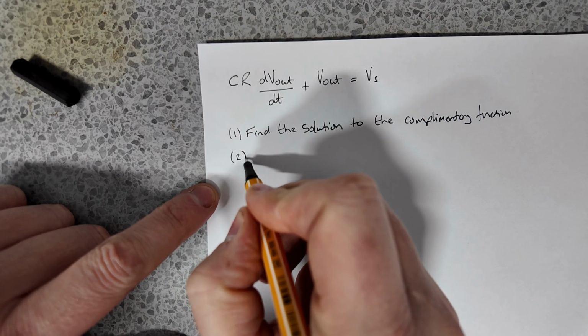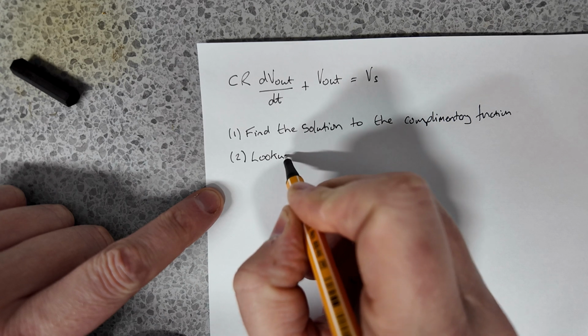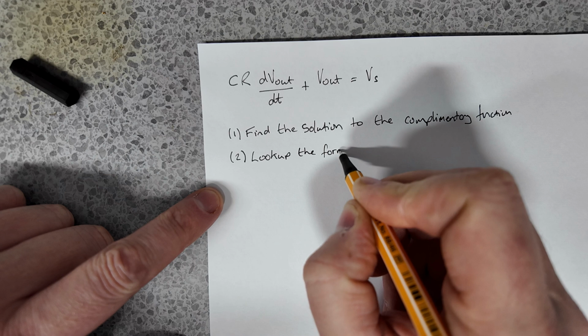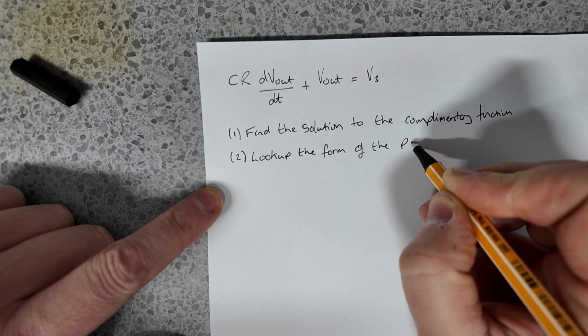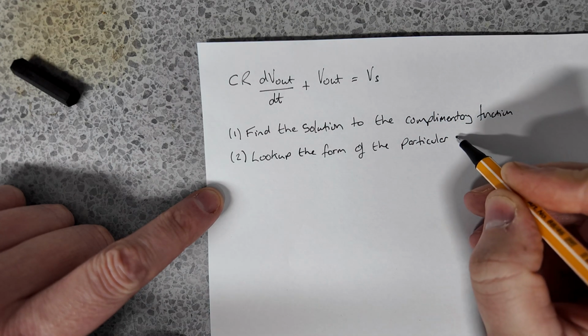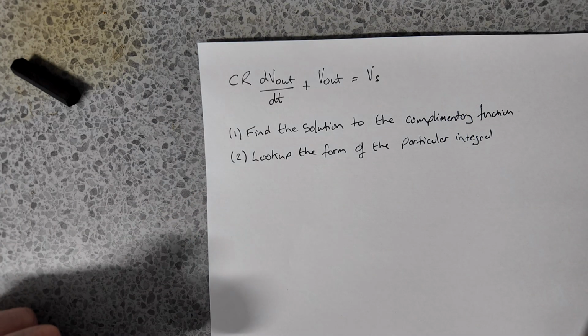And then the second step is to look up the expected form of the particular integral, which for the kind of problems we tackle here in electrical engineering are quite simple.